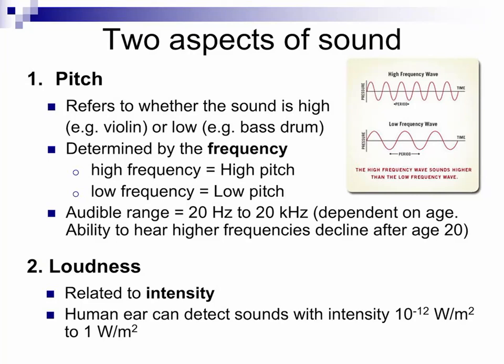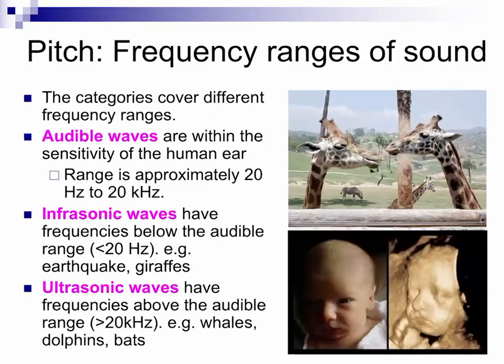Using the audible range for human hearing, 20 hertz to 20 kilohertz, as the reference frequency range, we can classify frequencies into three classifications. The audible waves are what is audible to the human ear.